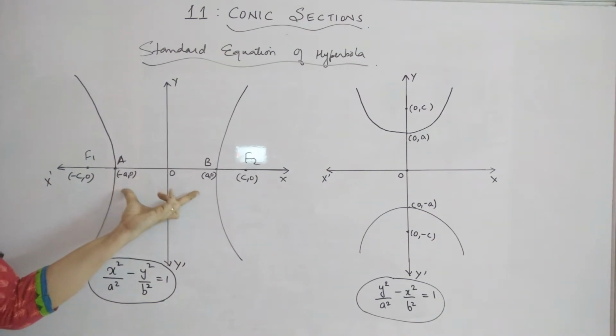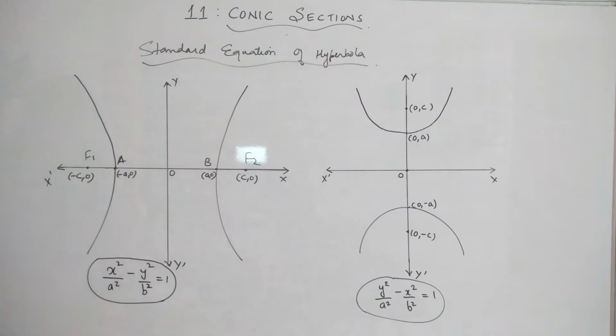So this length will give you 2a and the total length F1F2 will give you 2c. And the standard equation of this type of hyperbola is x square by a square minus y square by b square equal to 1. In your ellipse case, you have a positive sign. For your hyperbola, you have a negative sign in between.